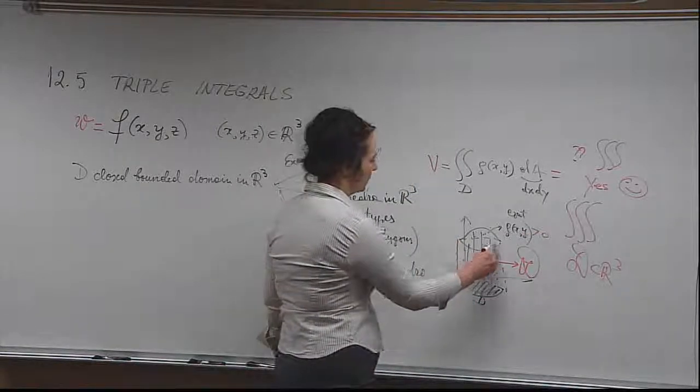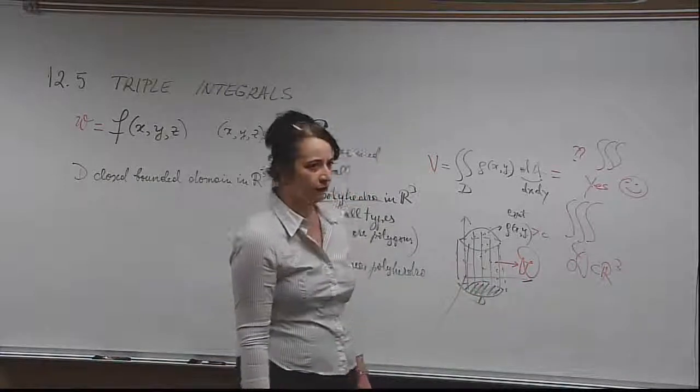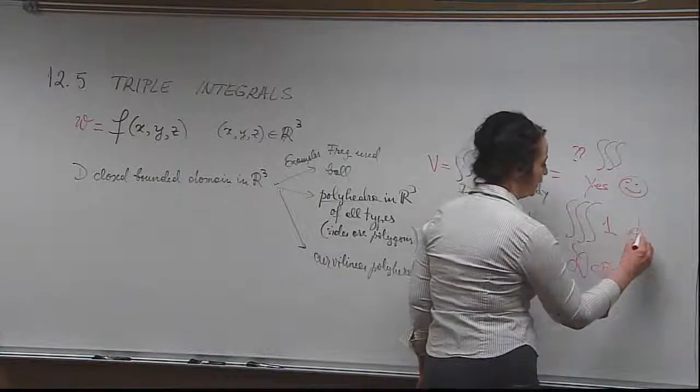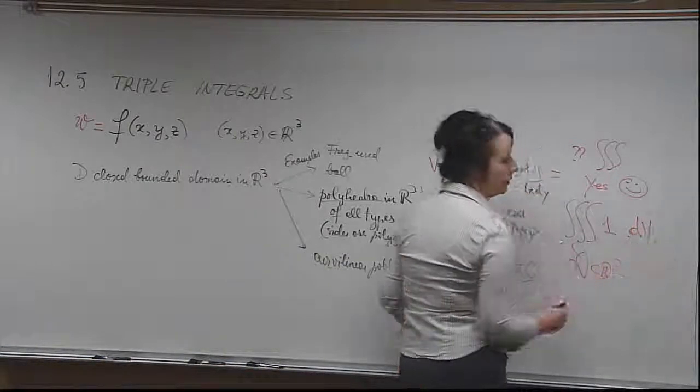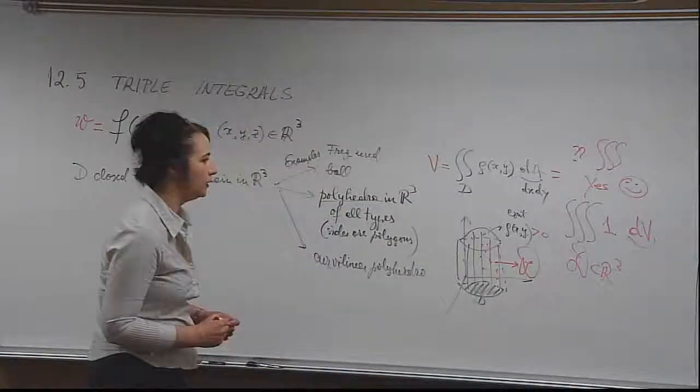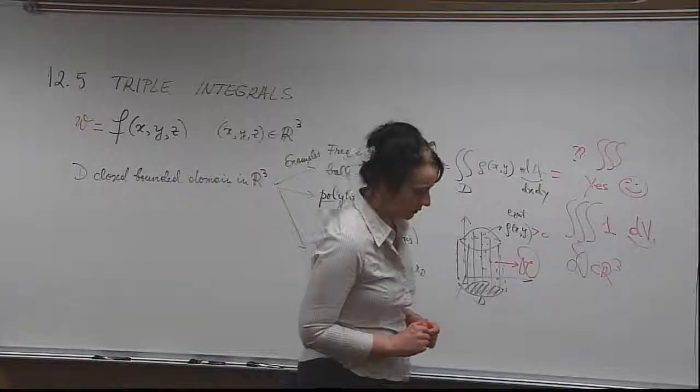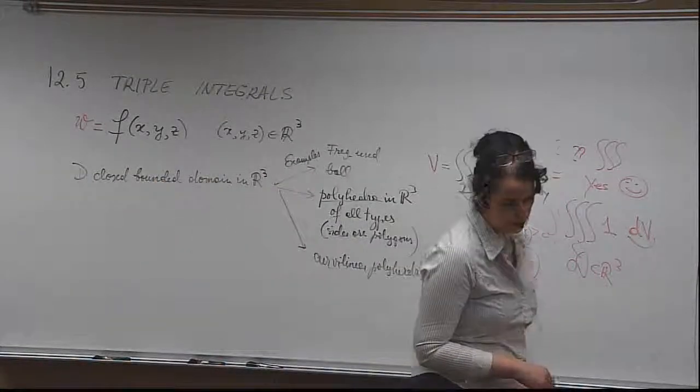So it's going to be a cylinder in this case. And I'll put here 1 dV. And dV is a mysterious element, that's the volume element. And I will talk a little bit about it right now.